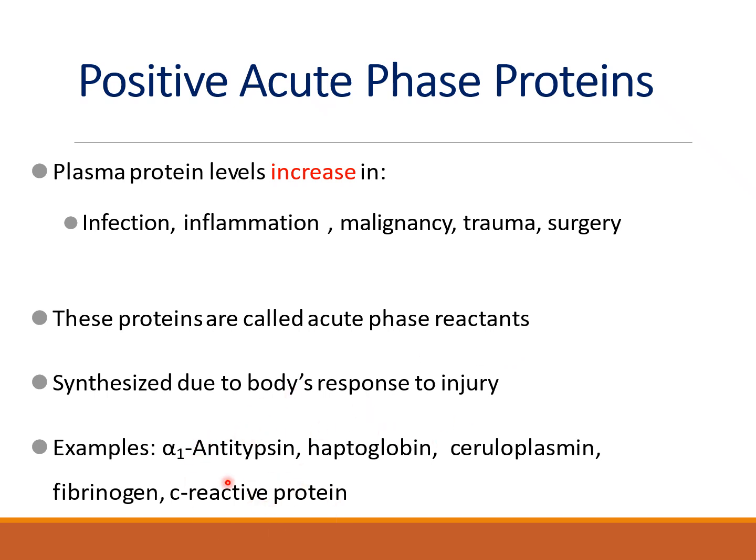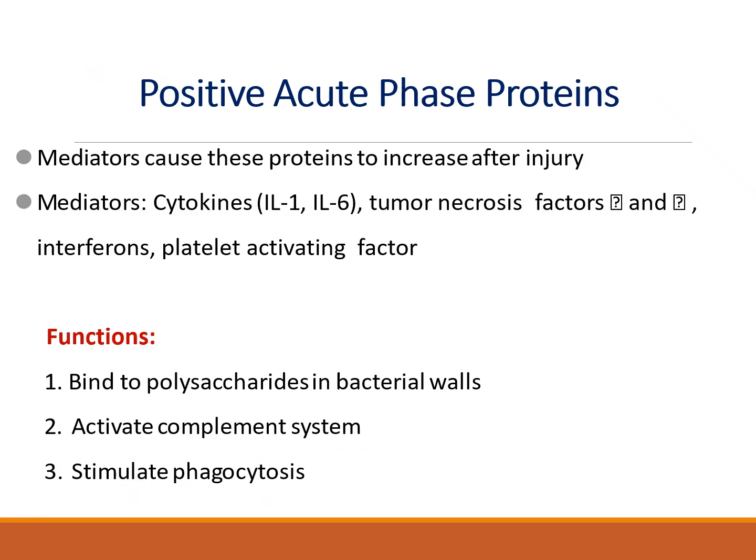Examples, very important: alpha-1 antitrypsin, haptoglobin, ceruloplasmin, fibrinogen, C-reactive protein. These mediators cause these proteins to increase after injury: cytokines, interleukin 1, interleukin 6, tumor necrosis factor. Other factors affecting acute phase proteins are interferons and platelet activating factors.